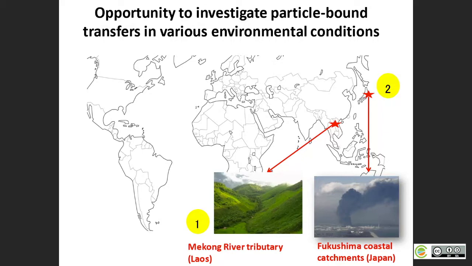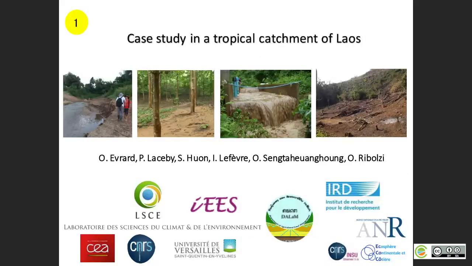So if we travel to this tropical catchment of Laos, you see pictures with evident signs of soil erosion. It's work we've been doing with colleagues from Laos and from IRD.